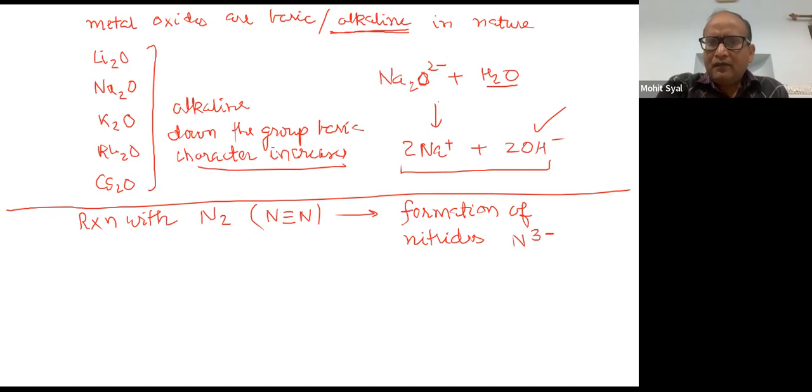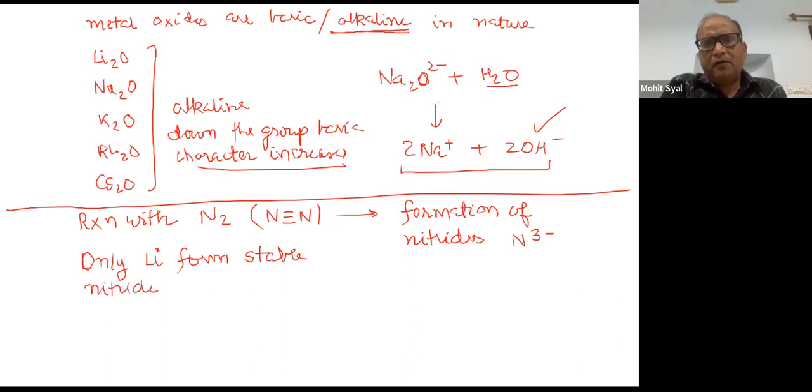Only lithium forms stable nitride. What is going to be the formula of lithium nitride? Fatima, can you try?